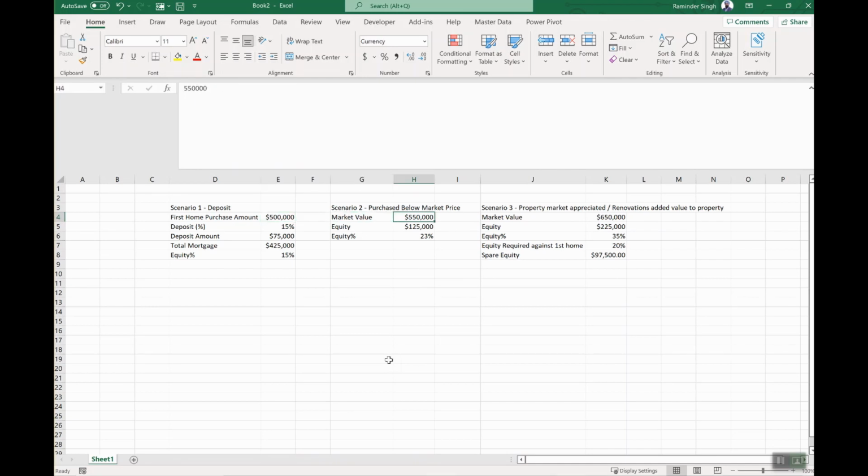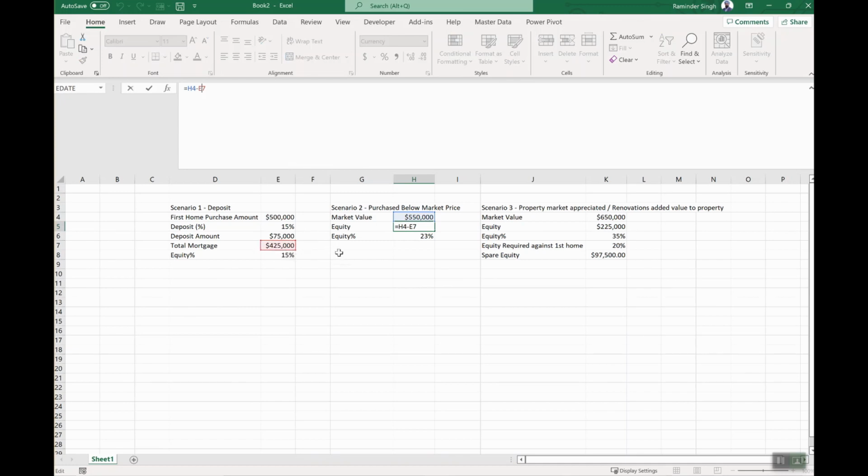So if the market value of your property was $550,000, straight away, without paying anything more than the 15% you paid, your equity is calculated as the market value of your property against the total mortgage on your house.